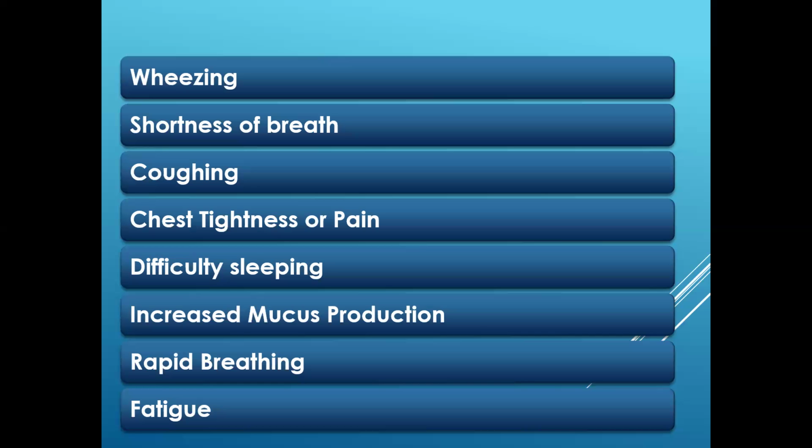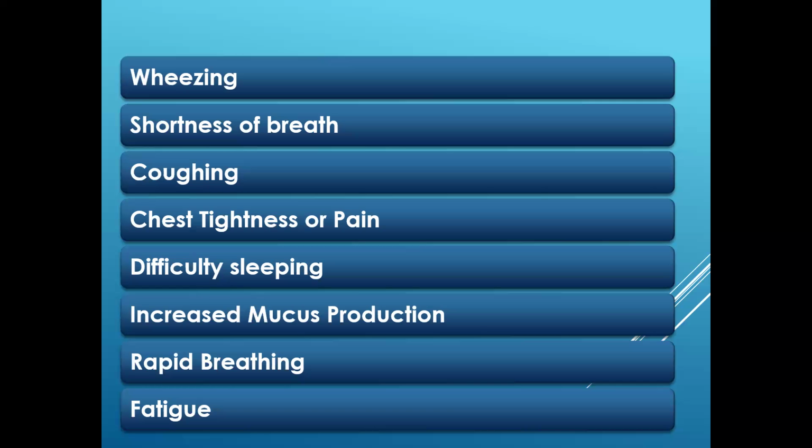What are the triggers of asthma? We have allergies such as pollen, mold, pet dander, dust mites, and certain foods, which can irritate them. It has a genetic component. Then we also have irritants such as tobacco smoke, bad odors, air pollution, and chemical fumes.